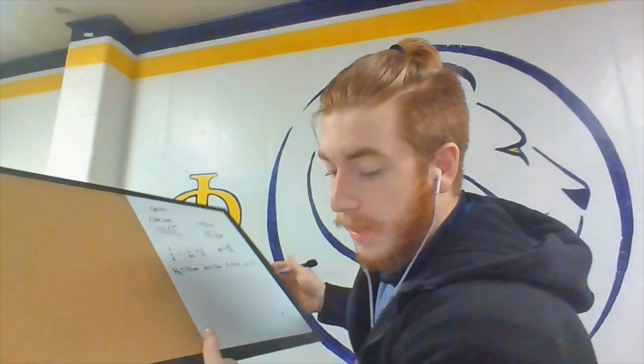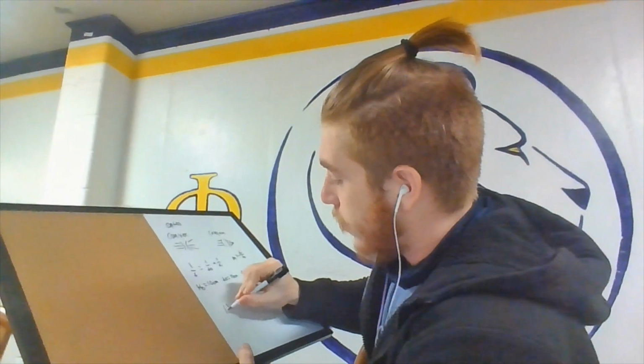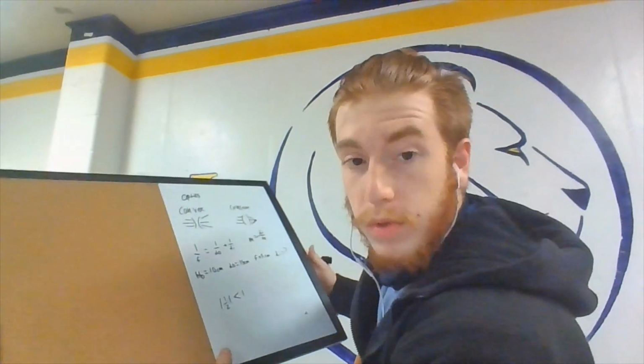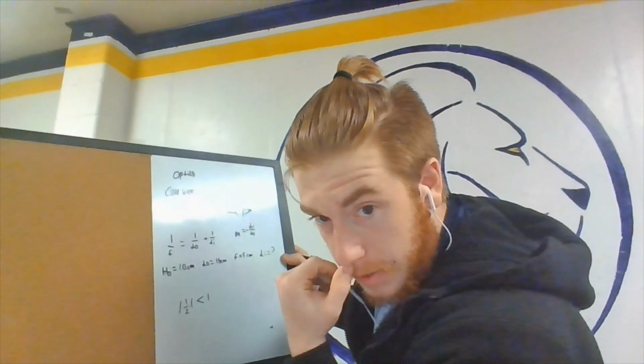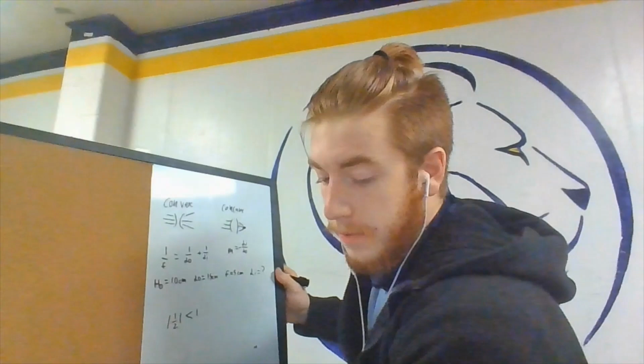So what we see is that the image is half the size, because the absolute value of 1/2 is less than 1. So the image is overall reduced in this problem. Now I'm going to pause here, and then I'm going to go to a different aspect of this.